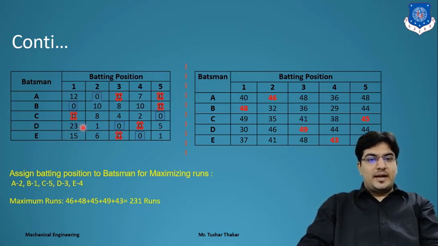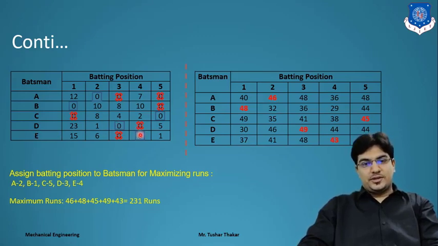The batting position of D is at 3 and batsman E goes at 4. We can interchange here: D goes at 4 and E goes at the 3rd position. So we can get different batting positions for D and E, but the answer is the same, 231 runs.